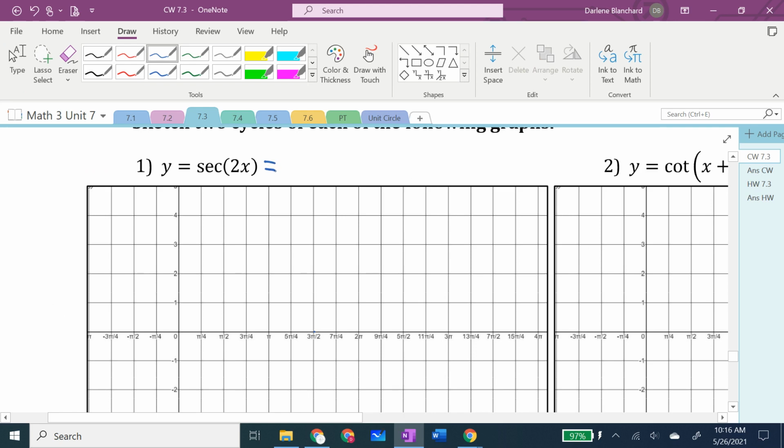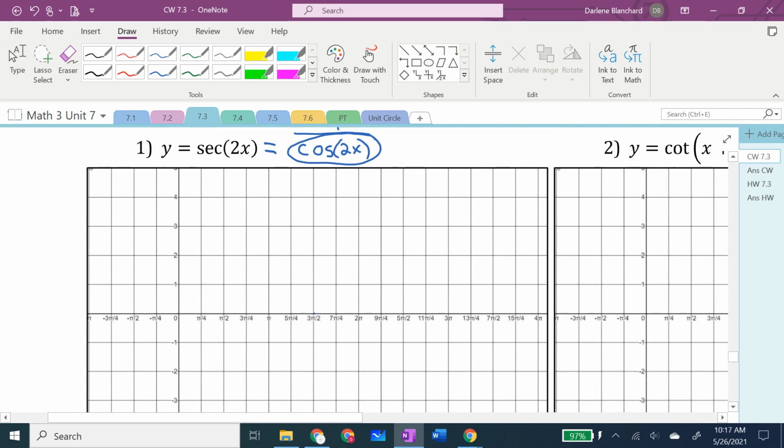Secant is 1 over cosine. If you remember from yesterday, I had you dash graph cosine, and then from there draw the secant graph. What you can do, if you want, is graph the actual cosine of 2x and then do the same thing.